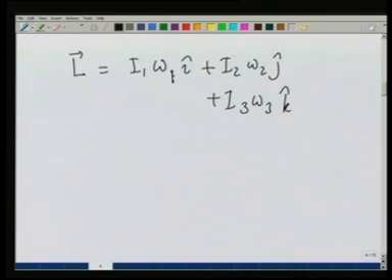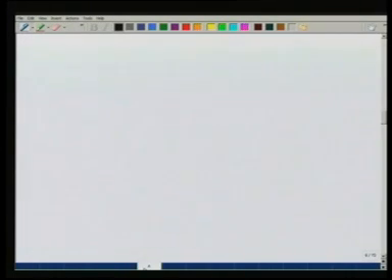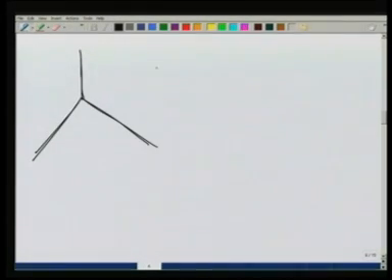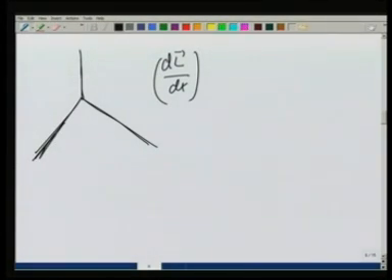However, these principal axes are also rotating in space. So, in describing the motion in principal axis, what we do is at any given instant we take components of dL dt along the principal axis directions at that instant. Of course, with time the principal axes are changing, and then this is equal to tau.